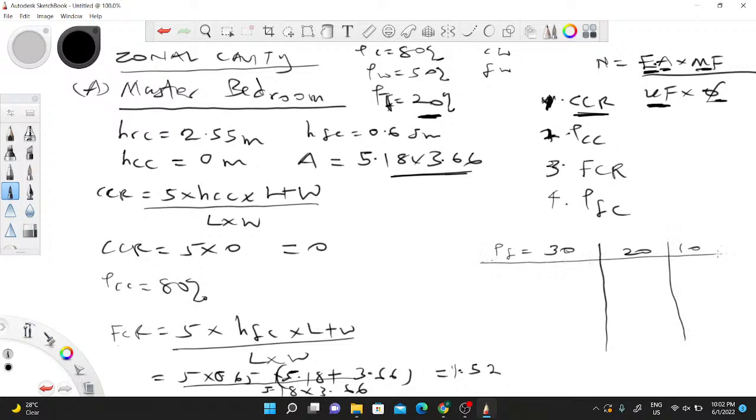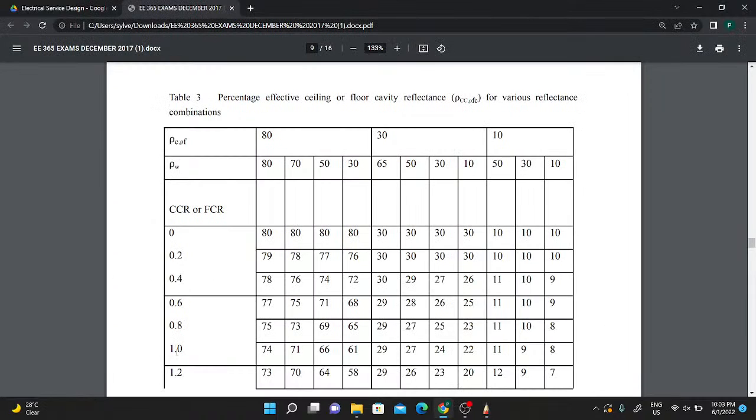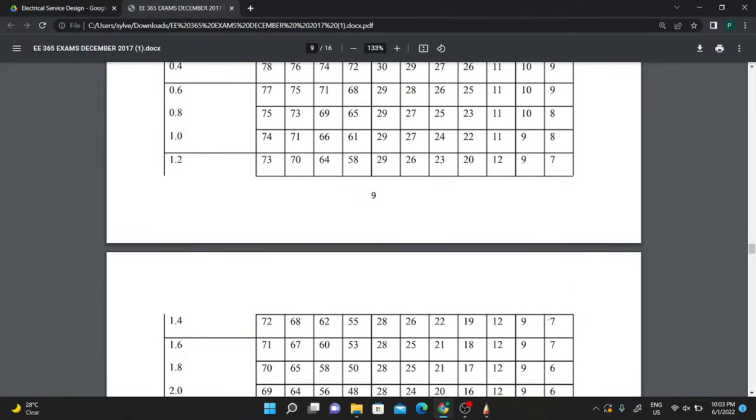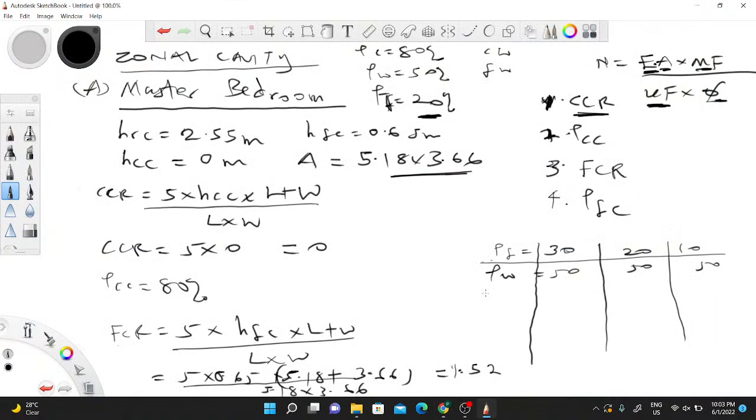With a row wall of 50, 50, 50. Now my 1.5 is between what? If I check my table, 1.5 is between 1.4 and 1.6. So I'll interpolate between 1.4 and 1.6 and put my 1.5 here.